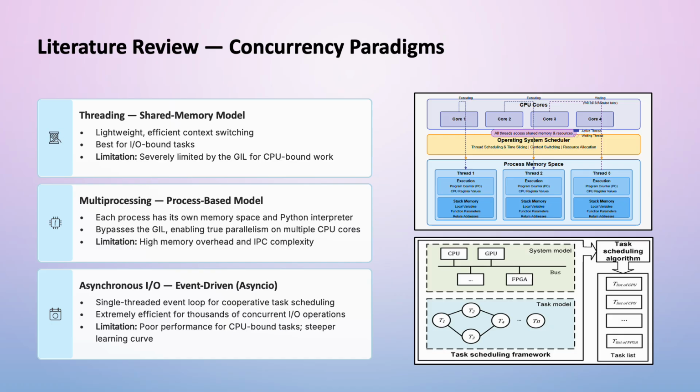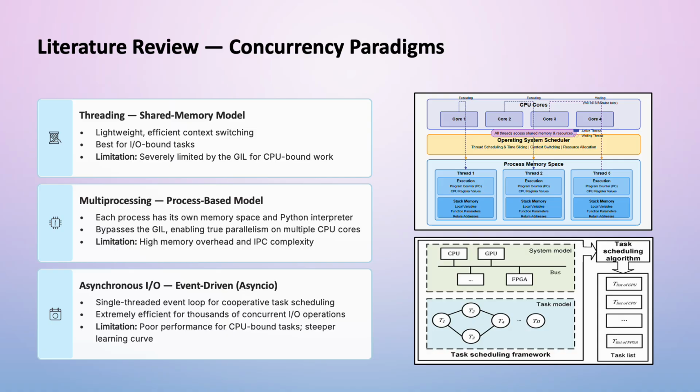Let me briefly review the three paradigms. Threading uses a shared memory model. It is lightweight and good for I/O tasks, but the GIL severely limits its CPU performance. Multiprocessing uses independent processes, each with its own memory and interpreter.